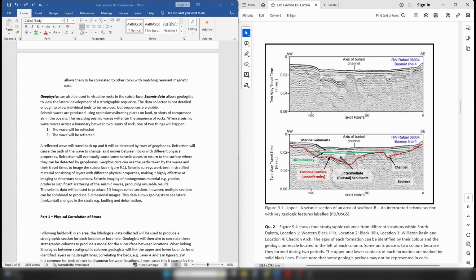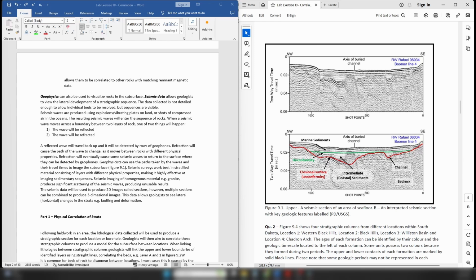That will lead to bigger changes in what the seismic waves do. And so typically seismic sections are most efficient when you have layered strata, like a sequence of sedimentary rocks, and there are differences in the physical properties of each of these layers. That will lead to the best quality image you can get, because you'll be able to pick out individual layers within the sequence.